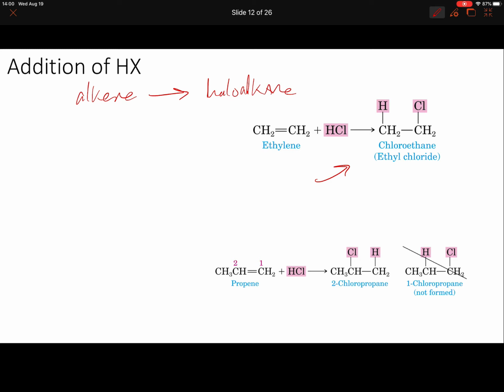Now this reaction is what we call regioselective. That means one direction of bond forming or bond breaking occurs in preference to all other directions, and we're going to follow something called Markovnikov's rule.